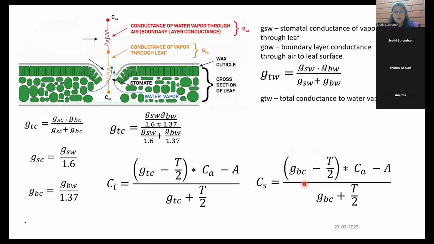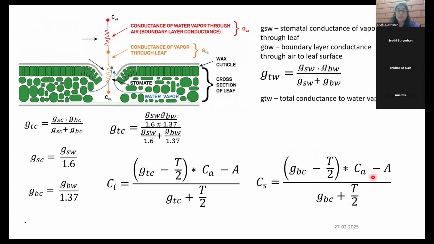In the same way, it also estimates the carbon dioxide concentration on the surface of the leaf, and it is a function of the boundary layer conductance to carbon dioxide, minus the rate of transpiration times the ambient carbon dioxide concentration, minus the net assimilation rate.